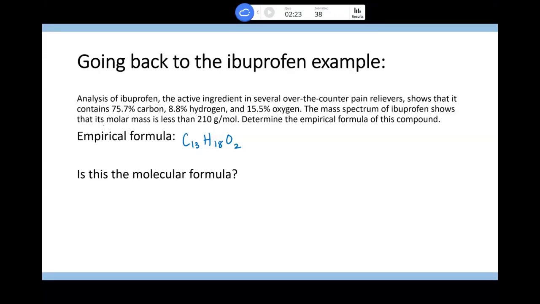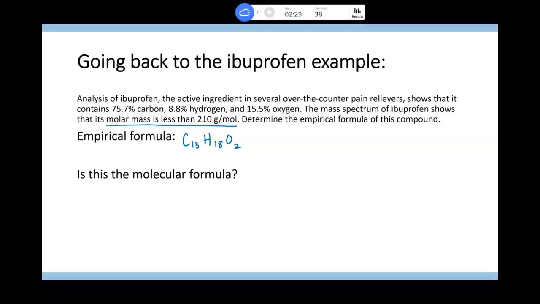Using this information that we haven't used yet, its molar mass is less than 210 grams per mole. How could we determine if this empirical formula is the molecular formula? Yeah, so we find the molar mass of the empirical formula. If it's just less than 210 grams, then that's also the molecular formula.